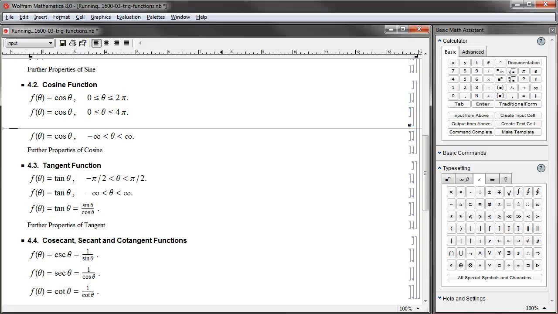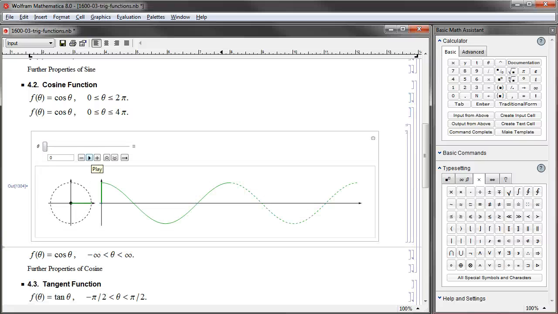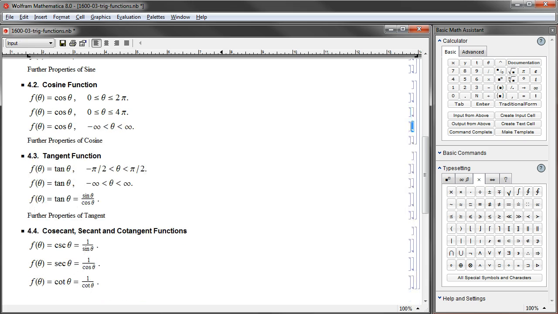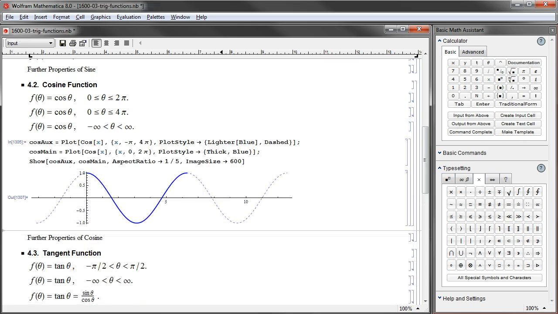Periodic behavior, here we go, going up and down, up and down, exactly like the sine function, except that we are starting from 1, 0 instead of 0, 0. In general, we have this kind of graph going up and down, just like the sine function, except that we are starting from 1, 0 and then going down first.